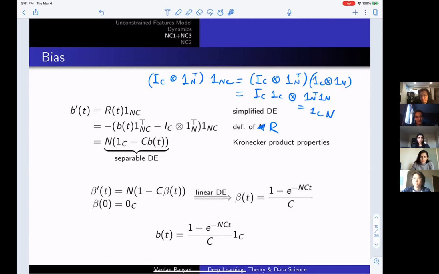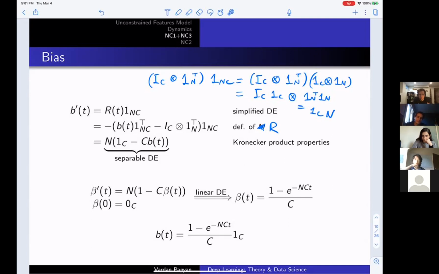This is an exponential because if you have beta prime equal to beta multiplied by a bunch of stuff, immediately one sees an exponential solution. The derivative of an exponential is the exponential. So by noticing that the solution is an exponential and thinking a little bit more, you get that this is the solution to this simple differential equation.